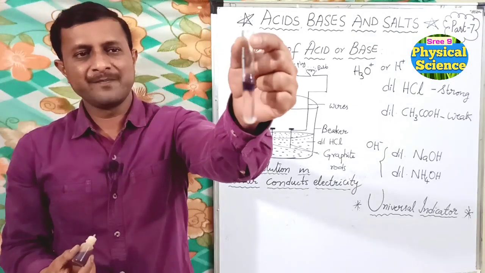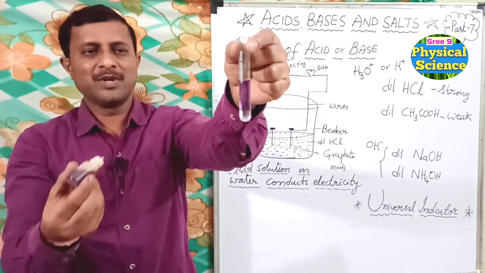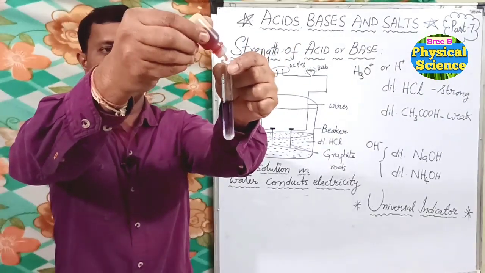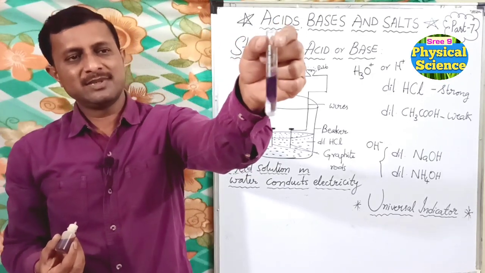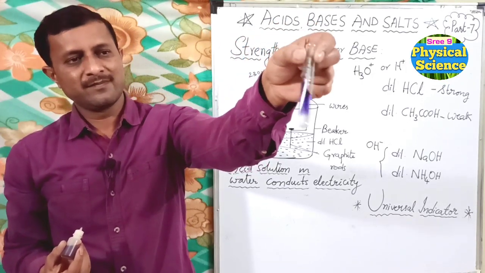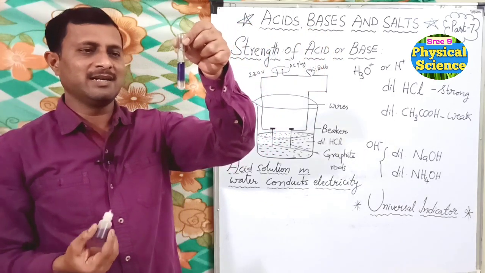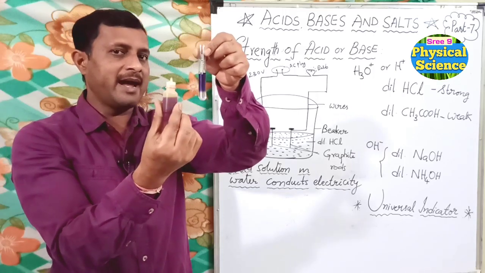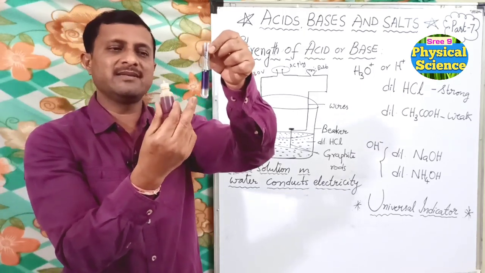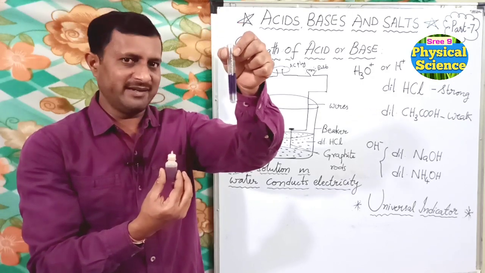You can see, yes, dark blue color, even blue to violet color, right? So this is the color. When we add universal indicator to base, dark blue color or violet color is obtained, right?